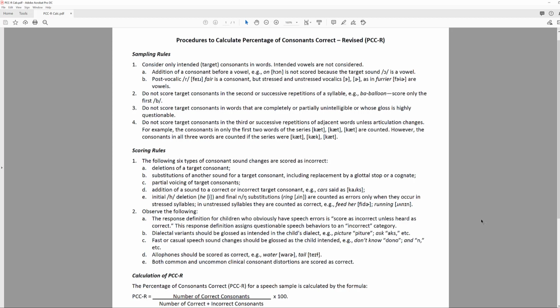And percentage of consonants correct, because it is a criterion referenced measure, has specifications for what counts as a correct instance and what doesn't, whereas your own informal accuracy measure is subject to your own interpretation of what accurate means. Some of the rules for percentage of consonants correct are displayed here if you would like to note some of the specifications for this measure.